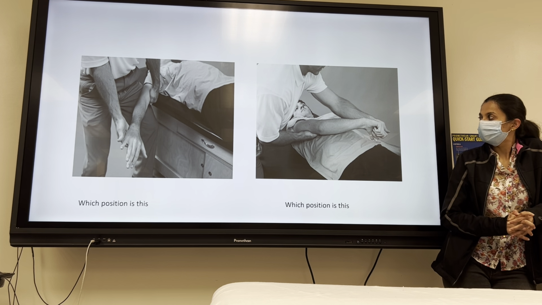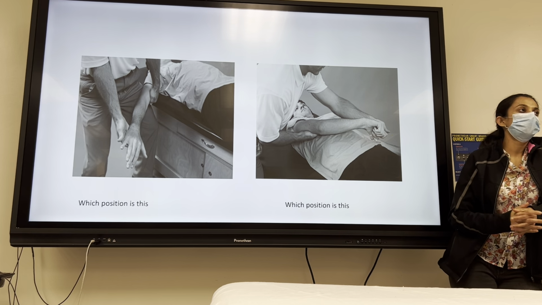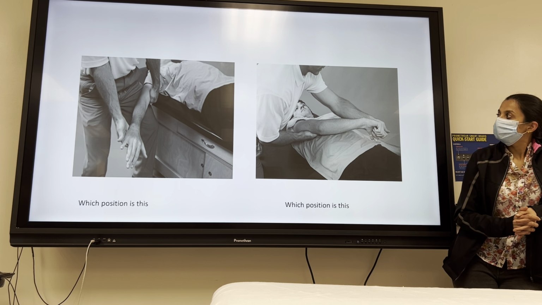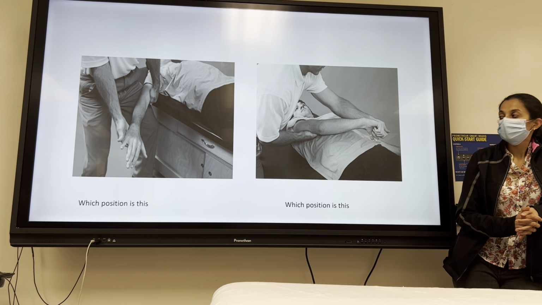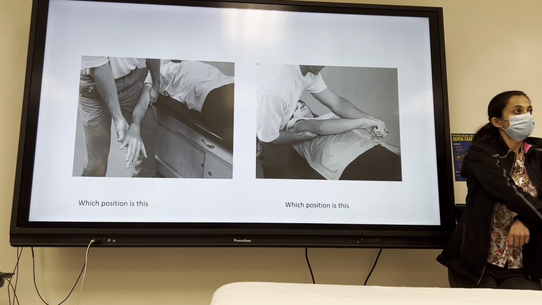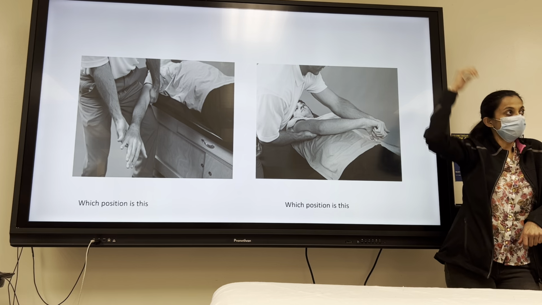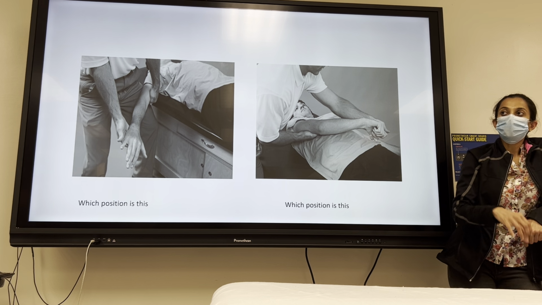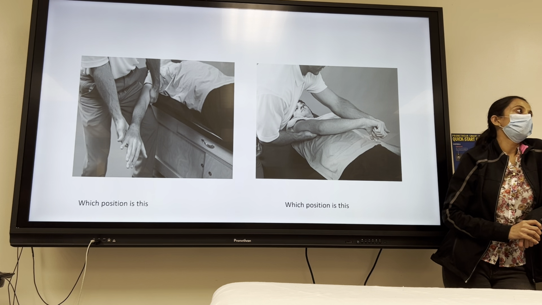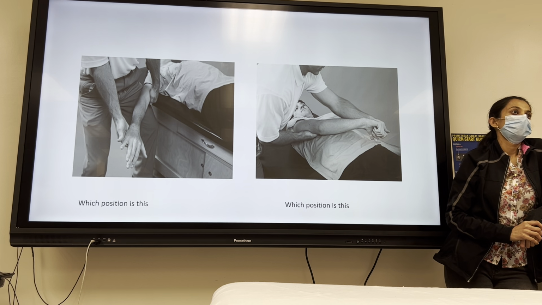How about the second one? All the same stuff. It is in a position to do D2 flexion, or is at the end of D2 extension. So can you repeat that?